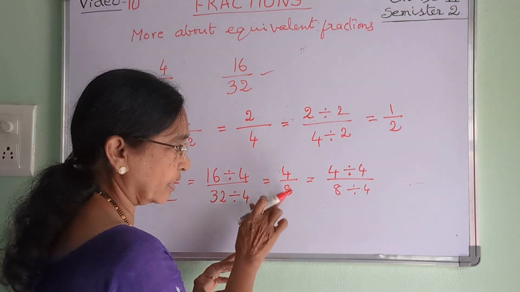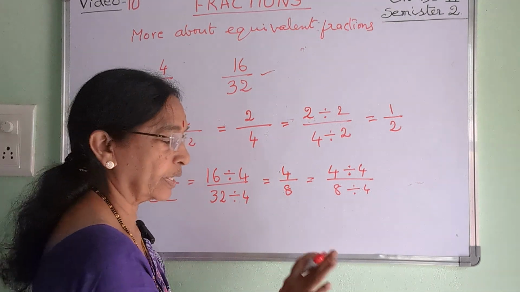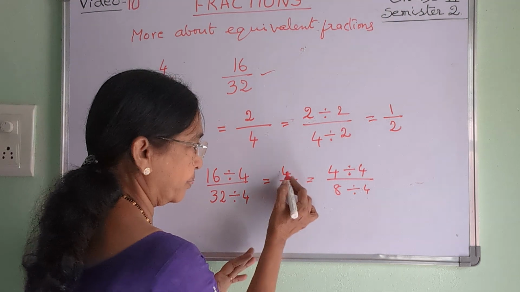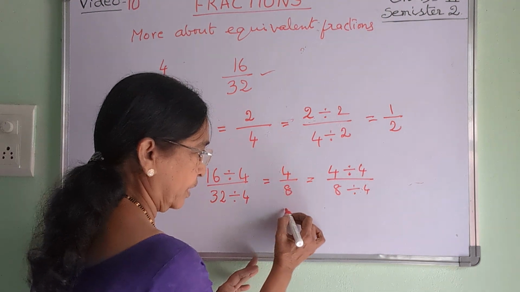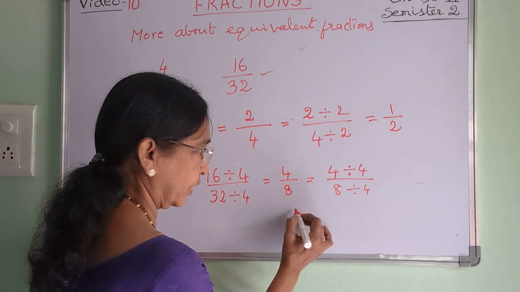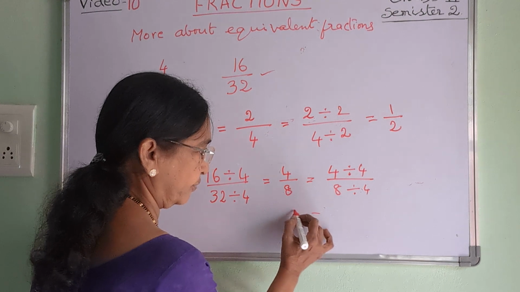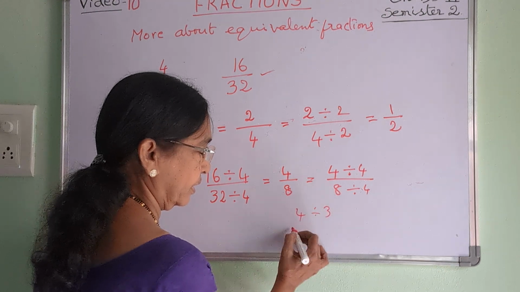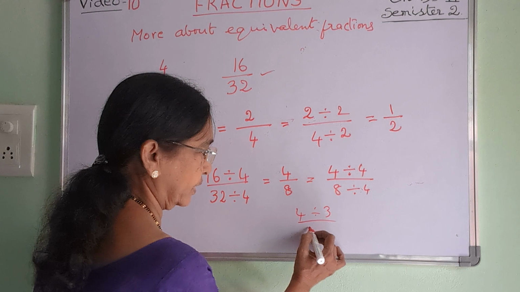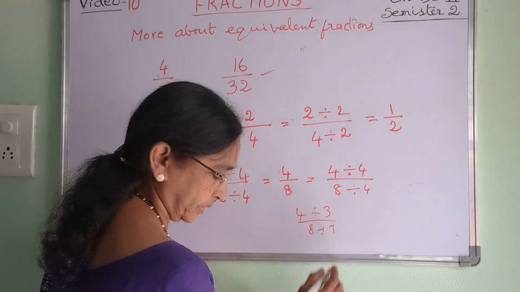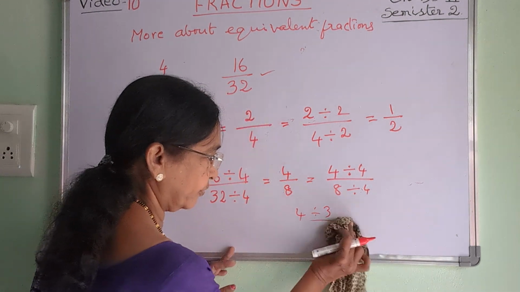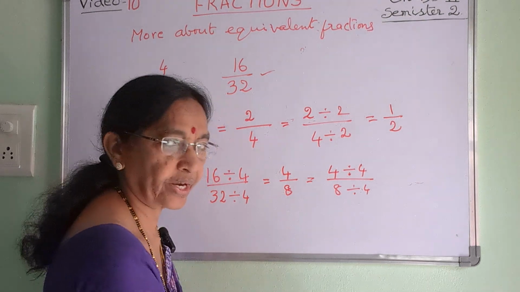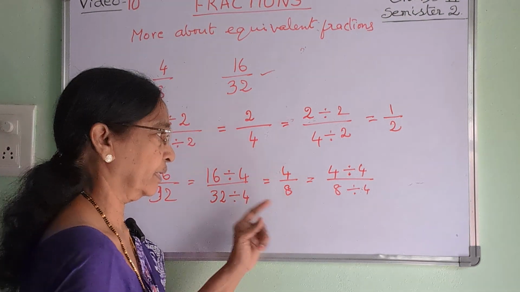If both are not divisible by 4, we cannot select it. For example, 4 by 8, both are not divisible by 3. Therefore, we cannot write it as 4 divided by 3 and 8 divided by 3. The number we select must be a common factor of the numerator and the denominator.